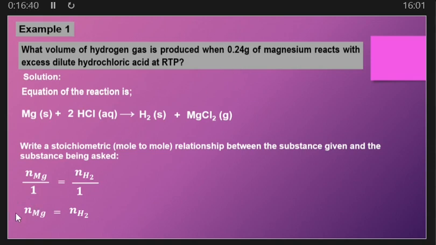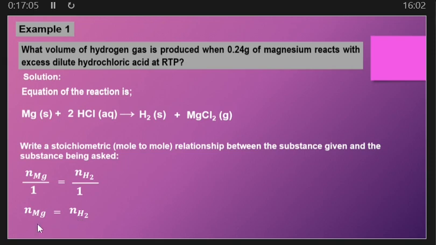However, we need the number of moles of magnesium to find the number of moles of hydrogen gas. This number of moles of hydrogen gas is needed to substitute in the formula to find the volume of hydrogen gas produced.